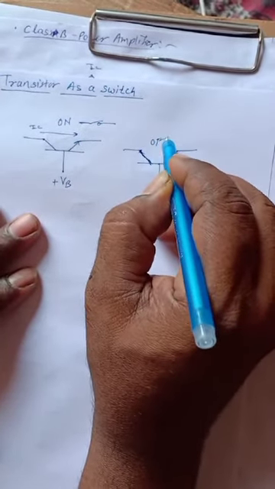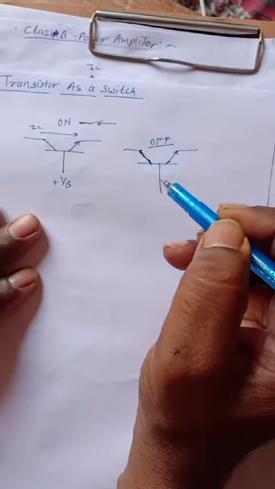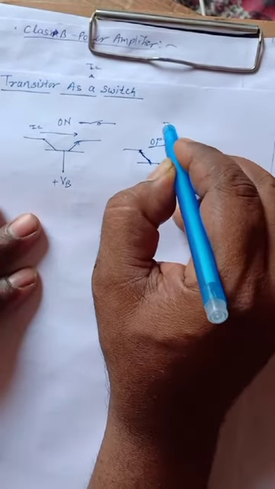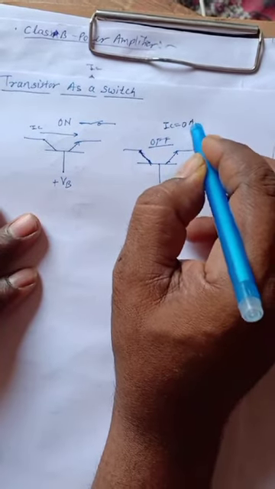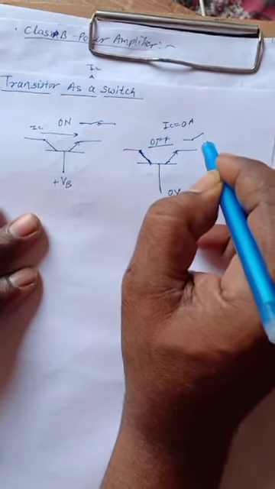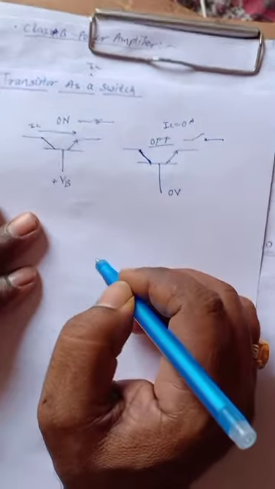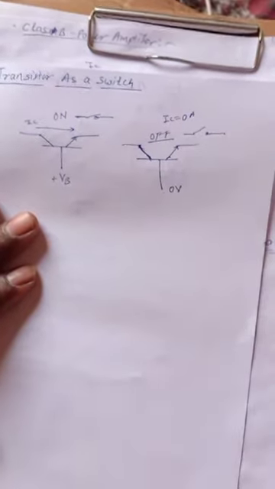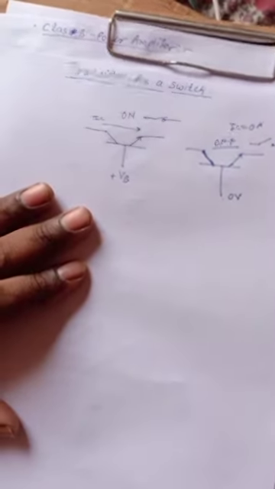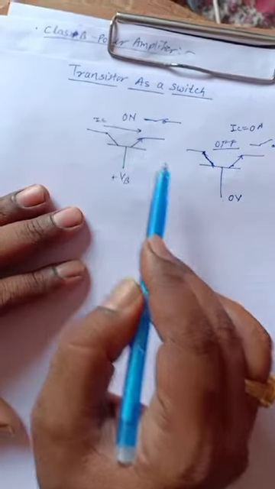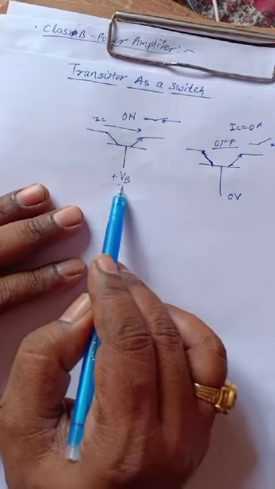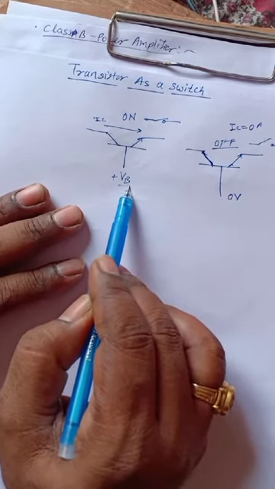The collector current through this transistor is 0 amperes and it acts like an open switch. So this transistor acts like a switch which is operated with a base voltage or a base current IB.